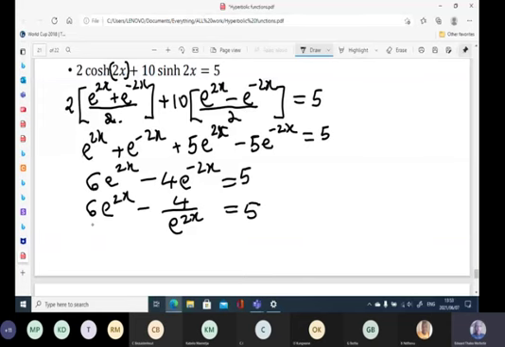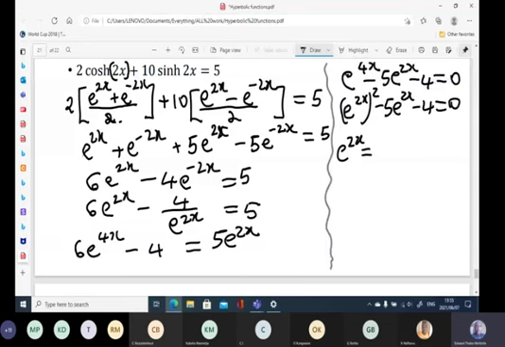So let's see. Now, remember, you know how to use a calculator. So let's use a calculator and see. We follow the same steps as the previous one, and we'll check if we are getting the same answers.